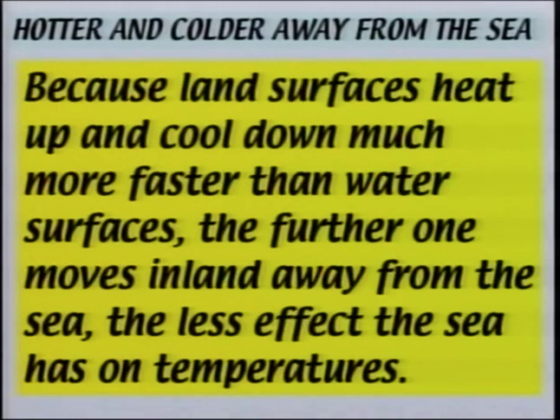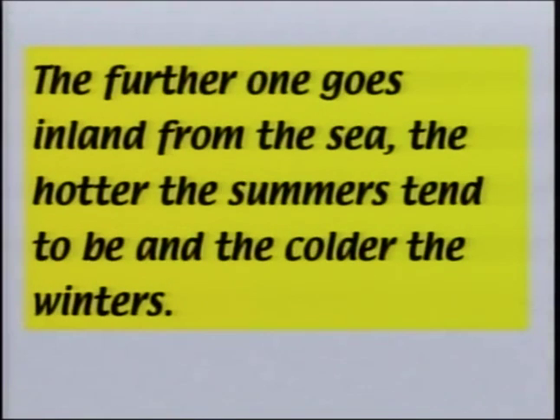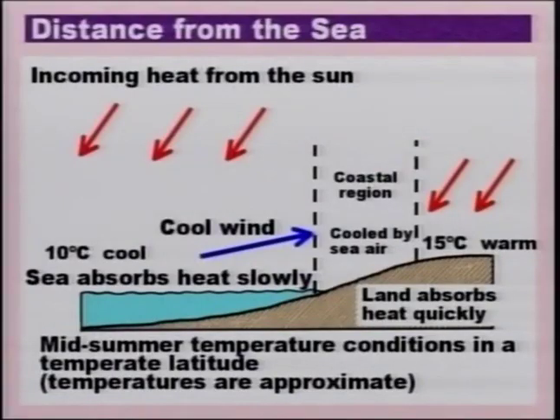In other words, we are trying to see the relationship between temperatures and the distance away from the sea. Therefore, the further one goes inland from the sea, the hotter the summers tend to be, and the colder the winters. This particular statement was illustrated and explained with a diagram.